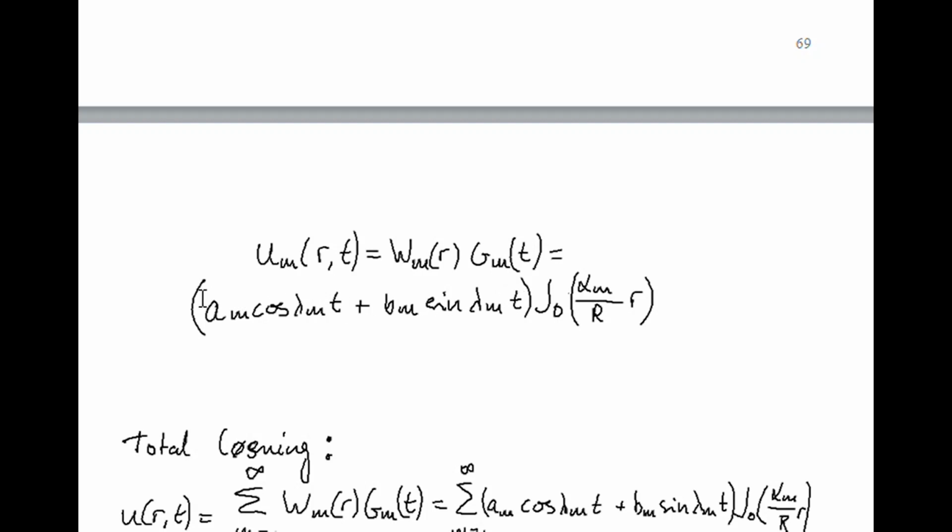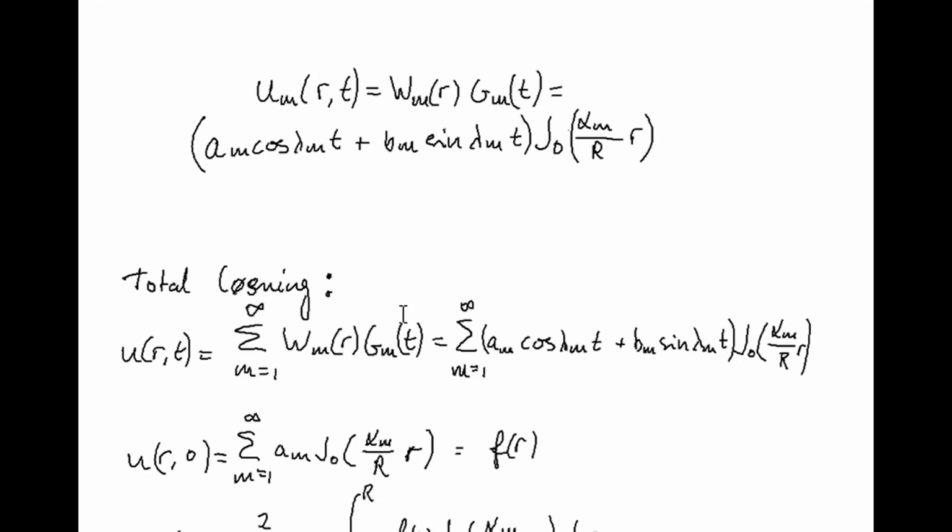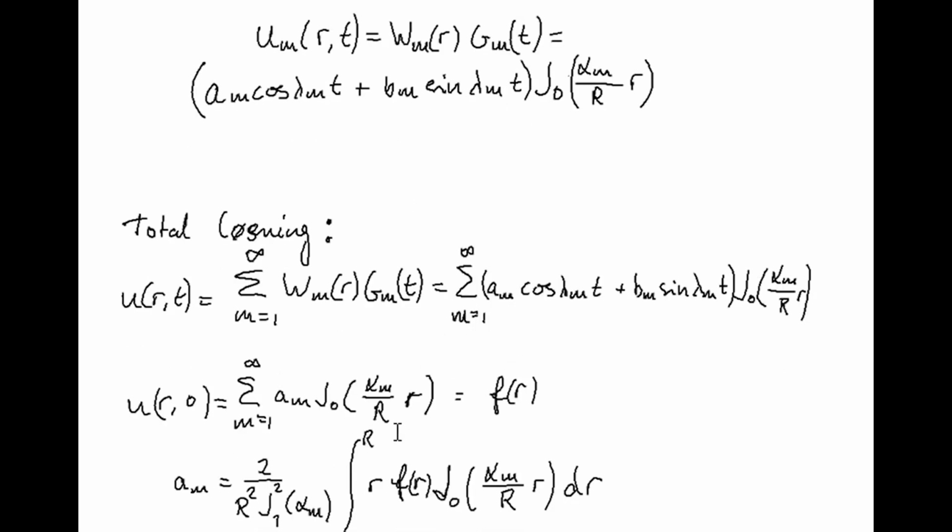The only unknowns are these am and bm. So the total solution is exactly as for other types of solutions we have considered, of this form. It's an infinite series where we sum all such terms and choose am and bm in such a way that it satisfies our initial conditions.